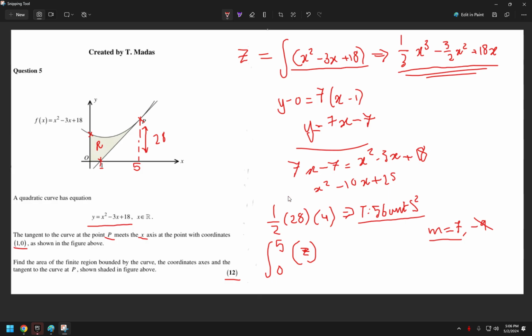So if I do that, I would get 1/3 times 5 cubed, minus 3 over 2 times 5 squared, plus 18 times 5. And I would get the area between 0 and p, all of this right here, is 565 over 6.